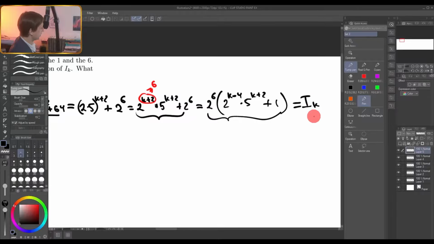Okay, so here is our representation of the number ik. And it looks like we should tell this number in parentheses is odd, because 2 is here, plus 1, it is an odd number, so no powers of 2 are present here, and we multiply it by 2 to the power of 6, so this one contains 2 to the power of 6 as the maximum power of 2. But it's a tricky moment, a very important thing. This idea that we told now is true if you have a real number 2 here. It means that k minus 4, this power, should be at least 1. It's greater than or equal to 1.